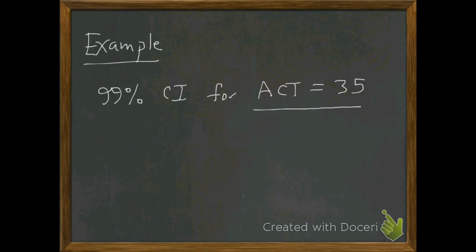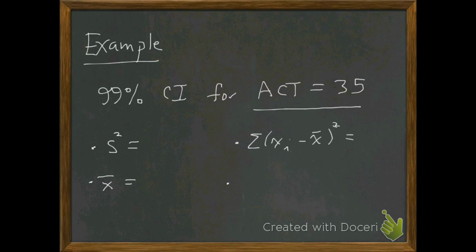So guys, let's think of all the things we need. First thing we need is S squared. Next thing we need is the mean of the x's, the mean of the ACTs. The next thing we need is the sum of x sub i minus x bar squared.